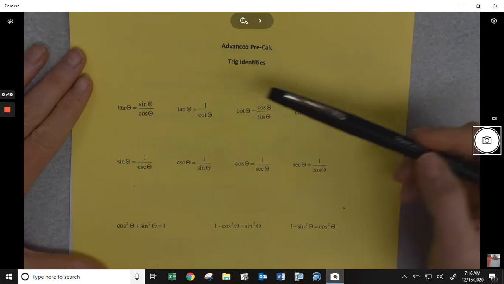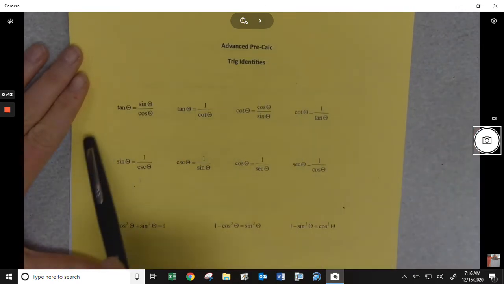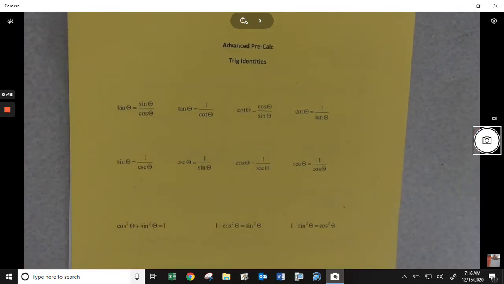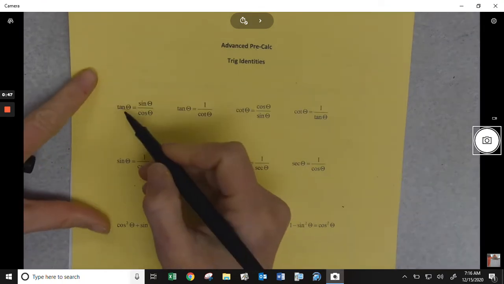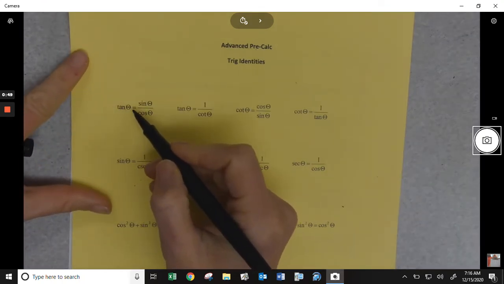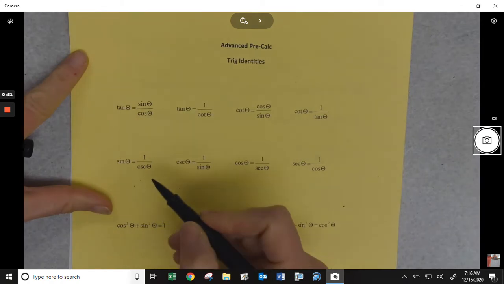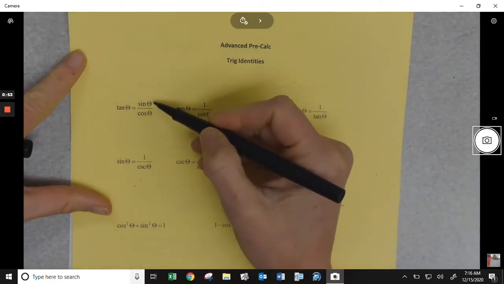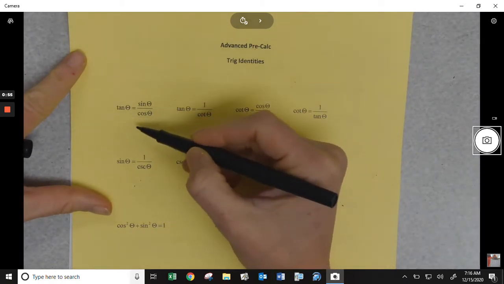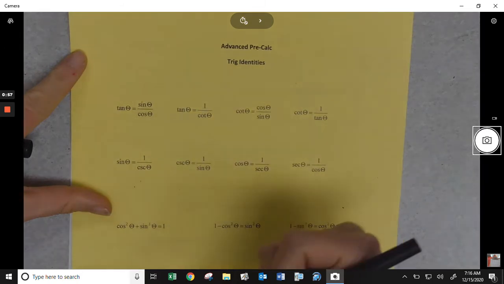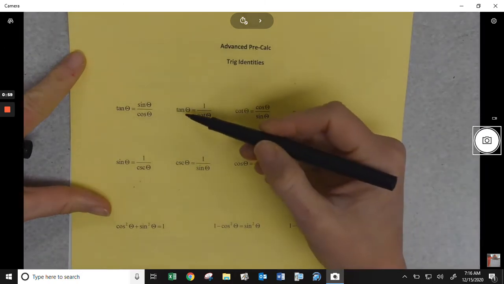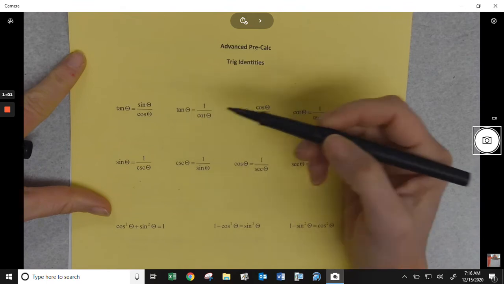Before we get started, the ones on the top here, we have actually already covered. Tangent of an angle, we learned, was y over x. Well, y is the sine, and x is the cosine. So another way of writing tangent is sine over cosine. We also know that tangent and cotangent are reciprocals.